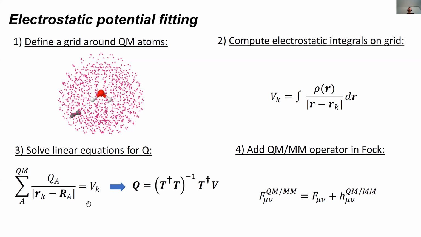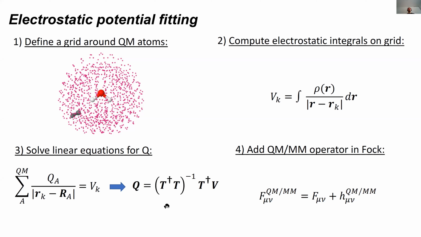That is an overdetermined linear system of equations that has a very simple formal solution. So we have a way to map these electrostatic integrals into point charges. This T here is the electrostatic kernel, the 1 over R, where R is the distance between the quantum atoms and the grid points.